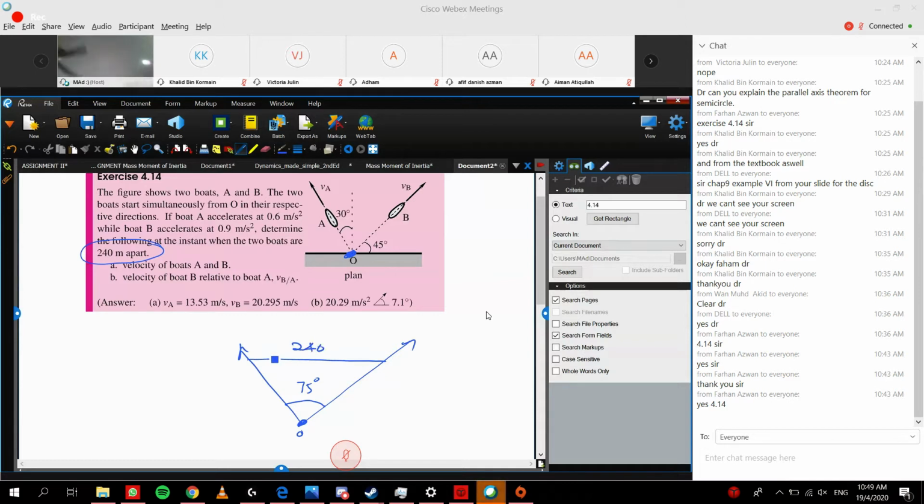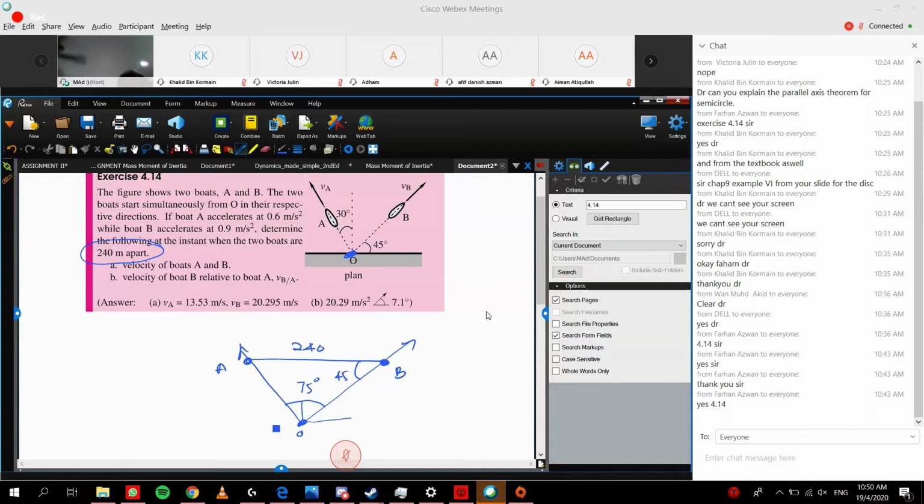By knowing this distance, basically you know the position of boat A and boat B at this particular instant. Do you agree with me? Do you think we can get this OB and OA? Can we get it? Let's see, 75, this is 30, this is 45.